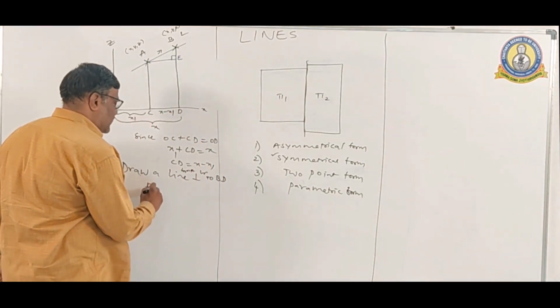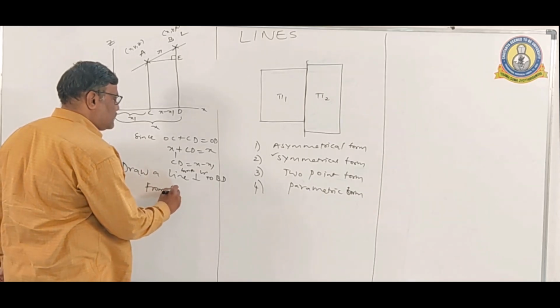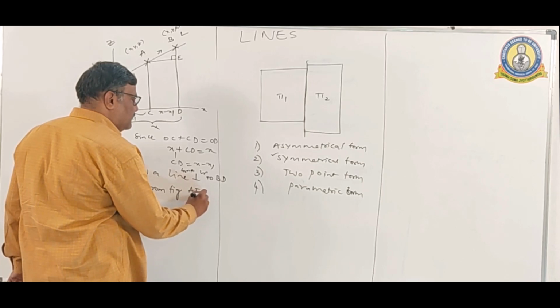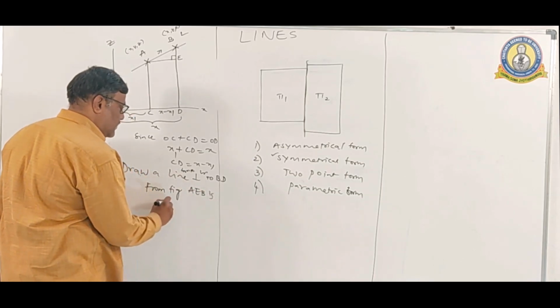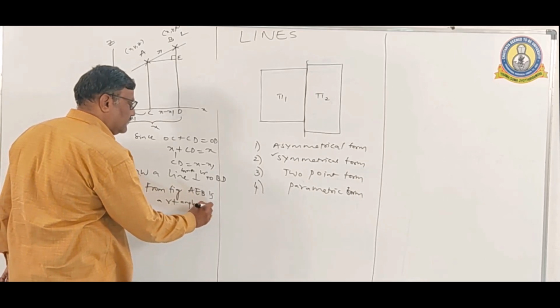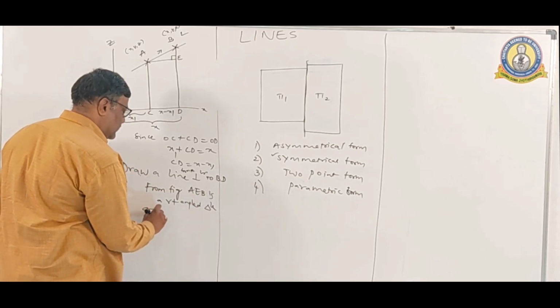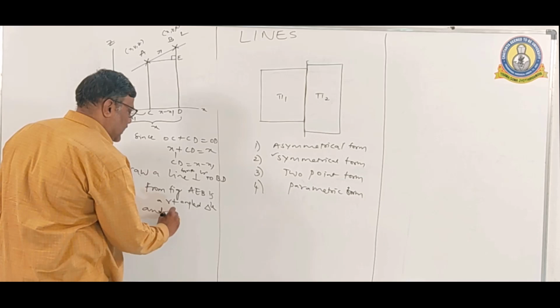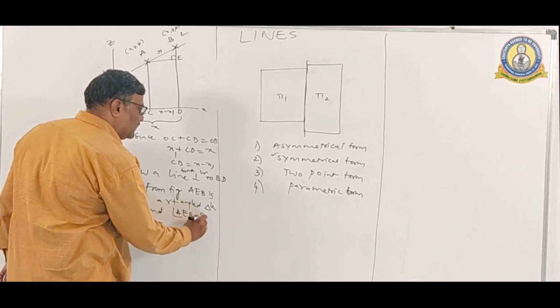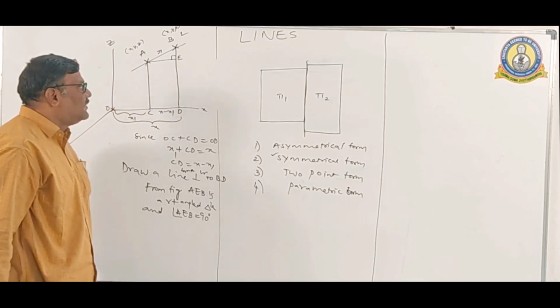Therefore, from the figure, AEB is a right angle triangle and angle AEB is equal to 90 degrees.